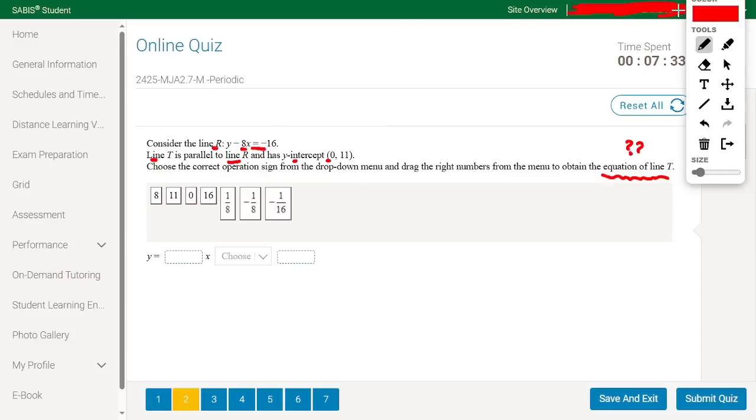Now, okay. So here we have line R and line T, right? And line T is parallel to line R. This is parallel.